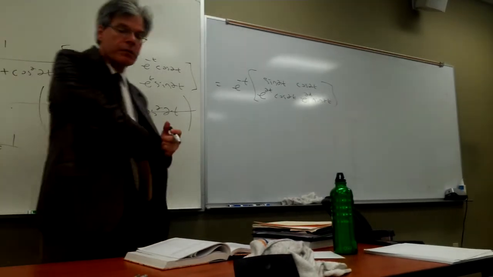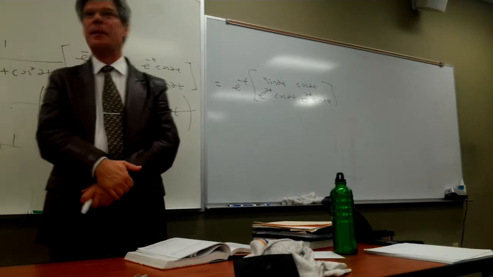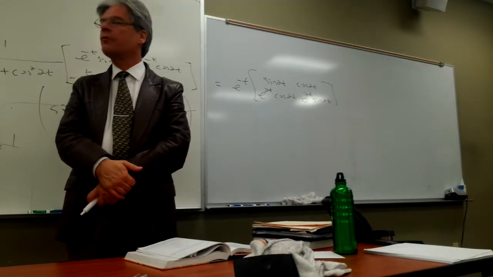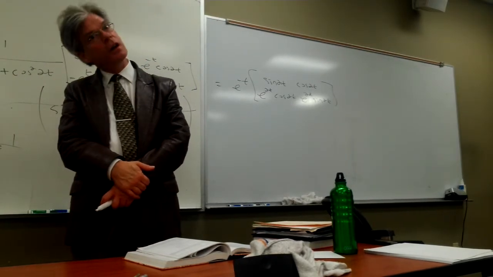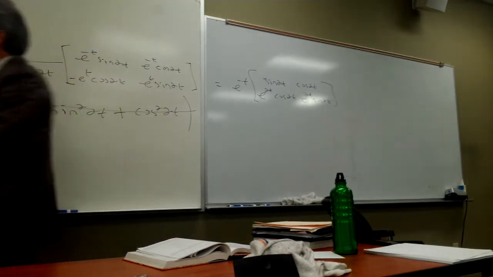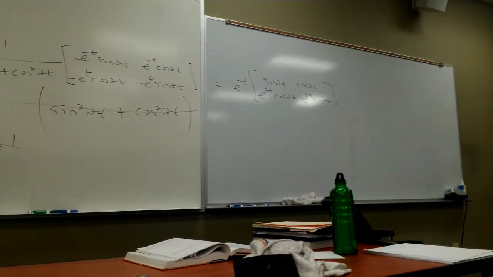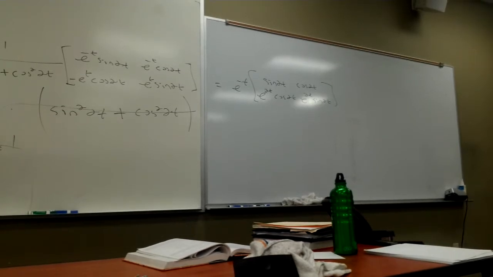So, what do we do first? Force the first entry, first row, first column, to be a 1. I'm simply going to multiply through the first row by e to the negative 2t. And I won't do anything else to the other rows for now.